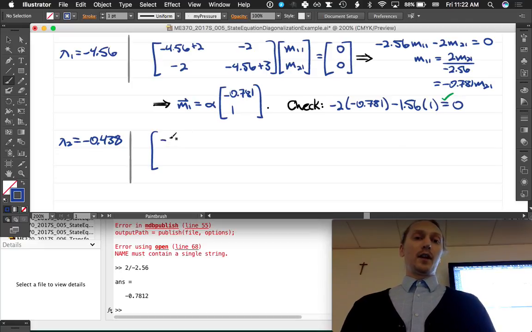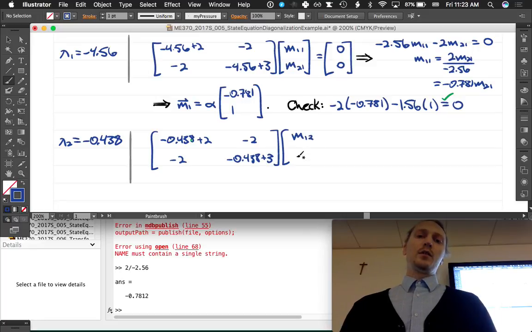So I'm putting in negative 0.438 plus 2, negative 2, negative 2, and then negative 0.438 plus 3, times m12, m22, equals 0, 0.